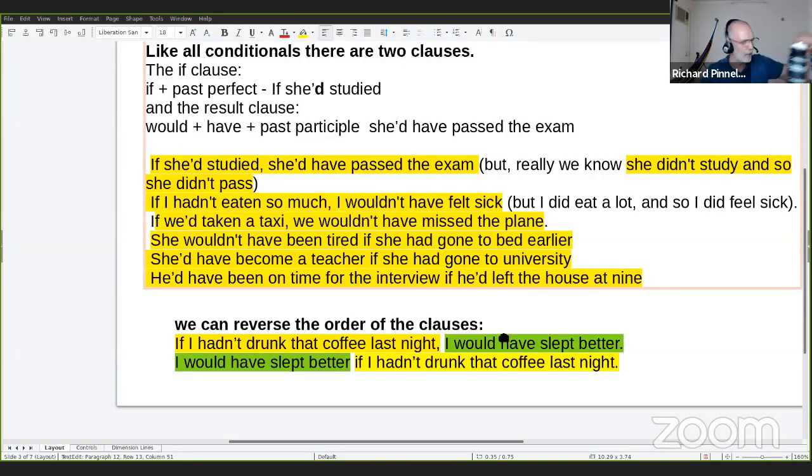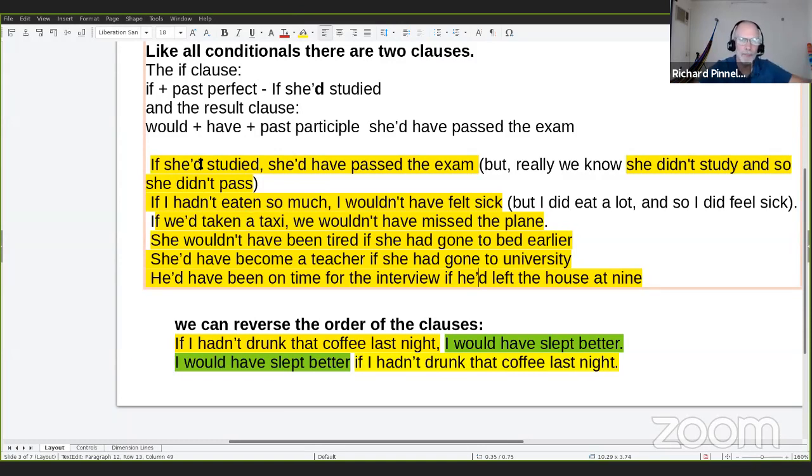So before we continue, let's practice the pronunciation. Let's begin with this one. Clementi: if she'd studied, she'd have passed the exam. Yeah, good.